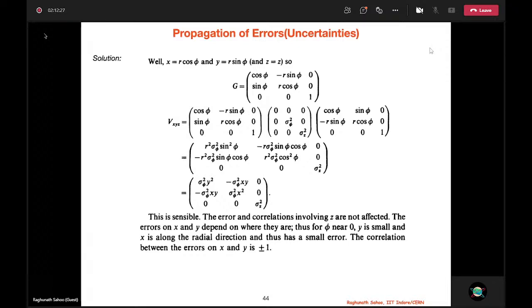If you write the formula for the x, y, z errors, you will find that sigma x square will be sigma phi square y square. That means it is mixed up, and your sigma y square will be sigma phi square x square. Essentially, I am looking at the diagonal terms, and sigma z square is sigma z square because this is not mixed up. Z is not affected. So this is the easiest way of calculating error in a matrix form.